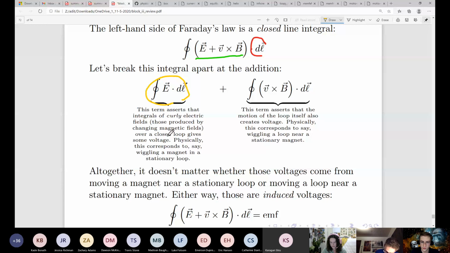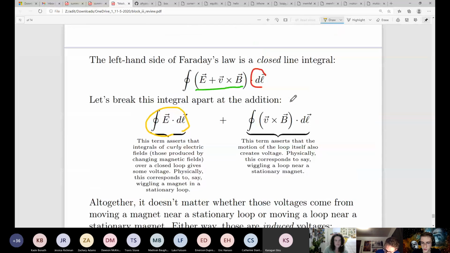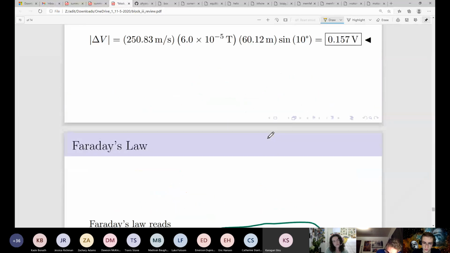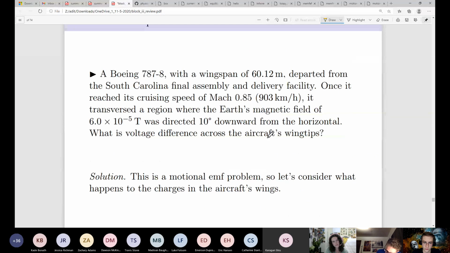We also have the second term in the left-hand side of Faraday's law, which is the closed line integral of v cross B. This term says that motion of the loop itself also creates voltage. So what if we held the magnet still, but we waved the loop around? That would also create a voltage. And what's interesting is that this integral of v crossed with B dot dl is super similar to what we saw before with motional EMF.